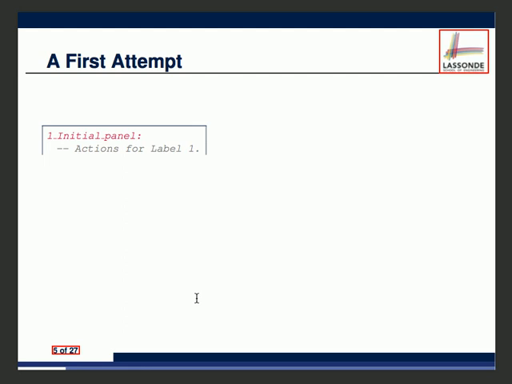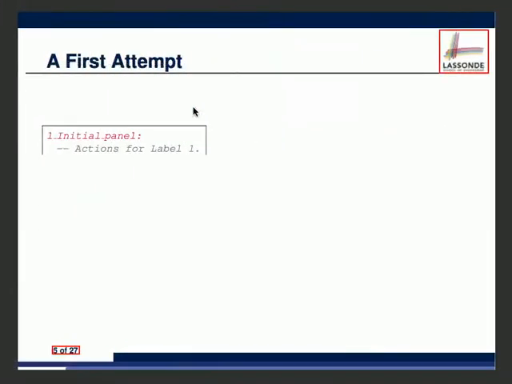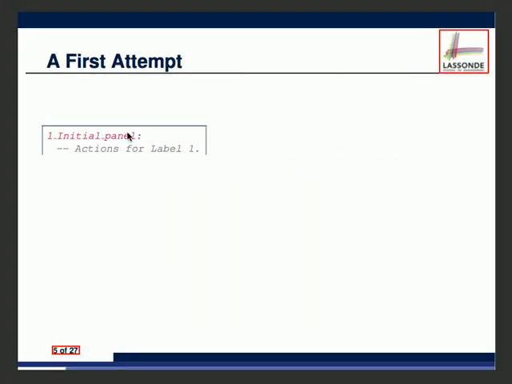Let's see how the first solution works. Basically, since we have six different states, for each particular state I'm going to create a label section there. You can see the first state is called initial. I simply have a block under the label called initial and then a colon. That's how you declare labels in a C-like language. And then I do some action under this particular label.